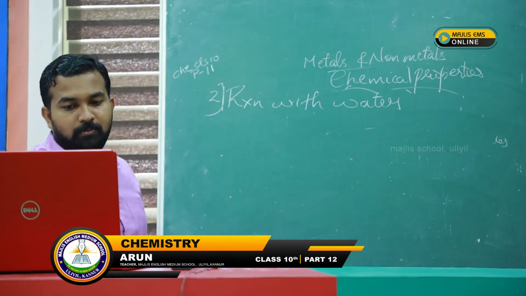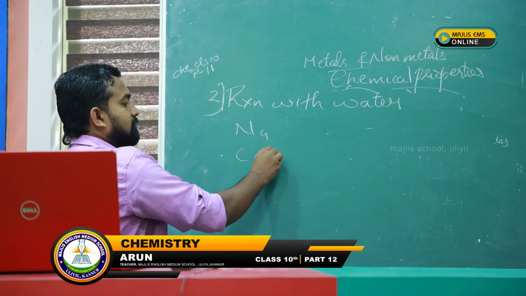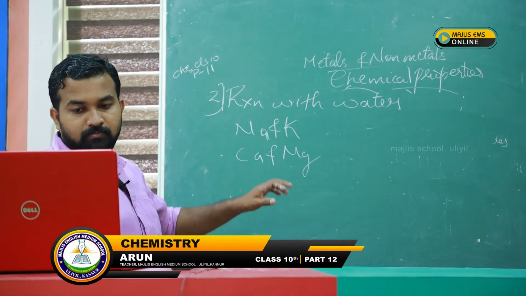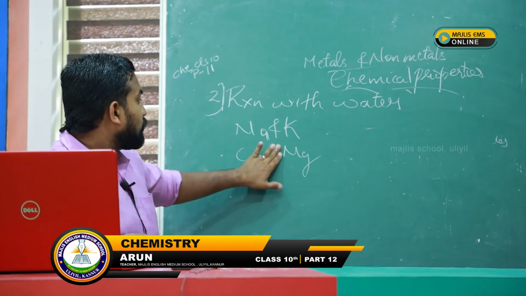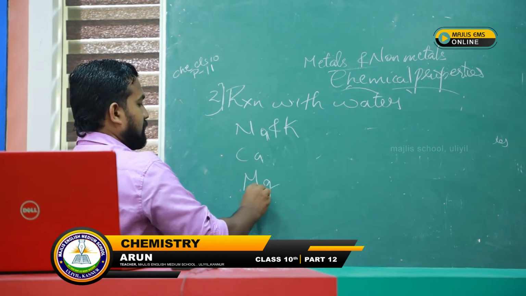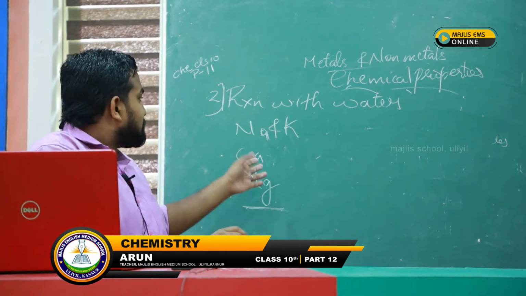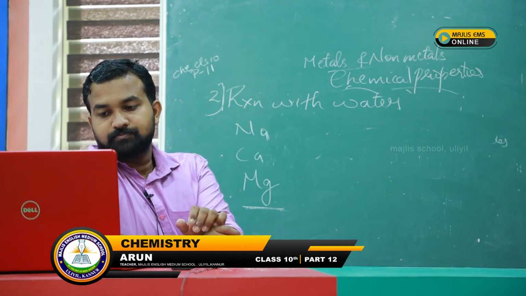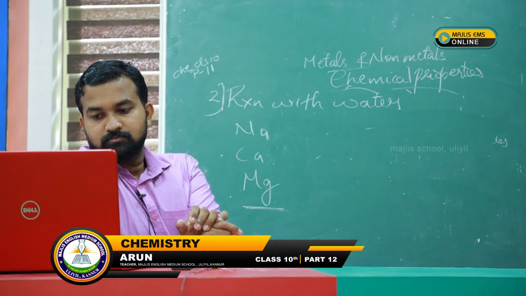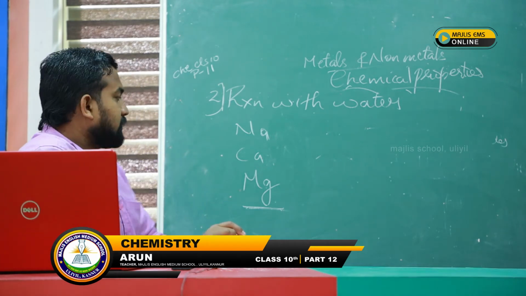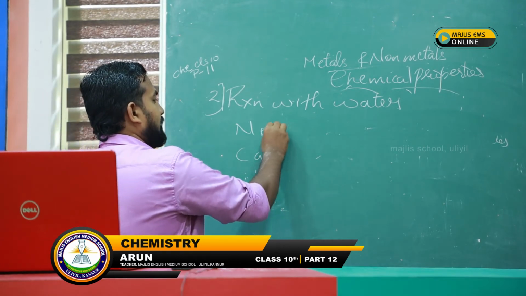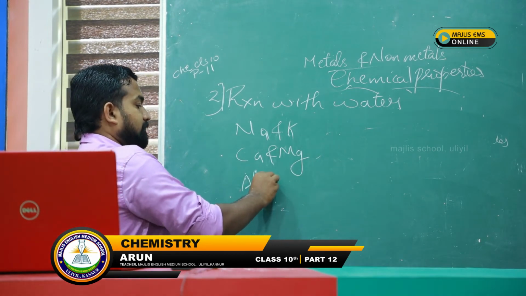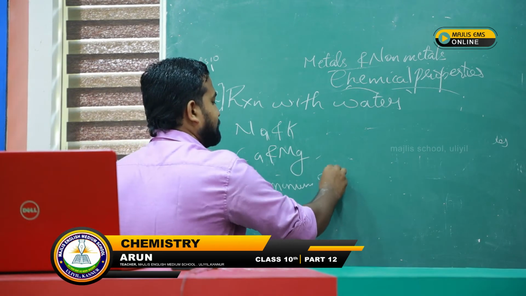You will be given sets of metals: sodium and potassium, calcium and magnesium, then aluminum and iron.